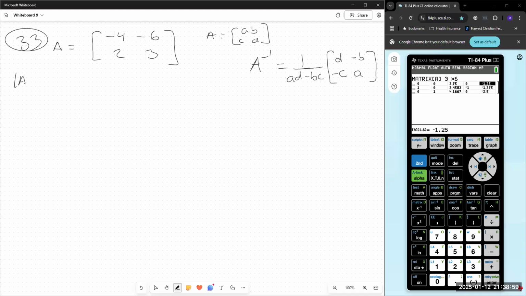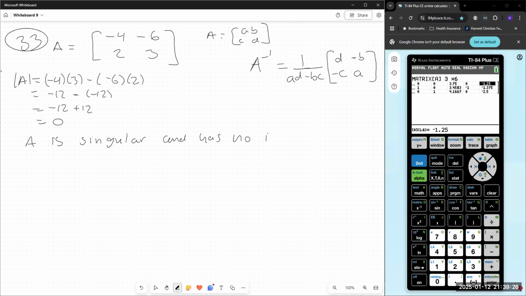The determinant of A is equal to -4 times 3 minus -6 times 2. So this is -12 minus a -12 is equal to -12 plus 12 is 0, which means A is singular and has no inverse.